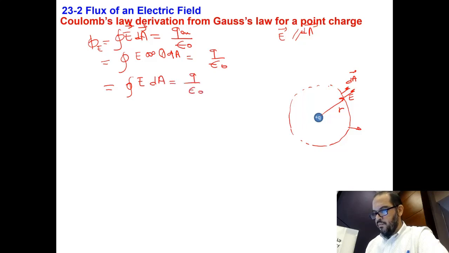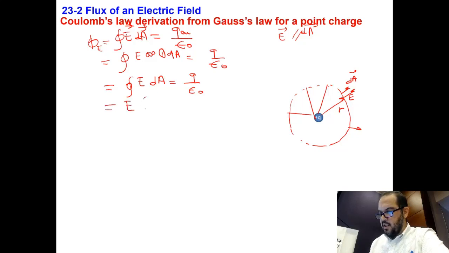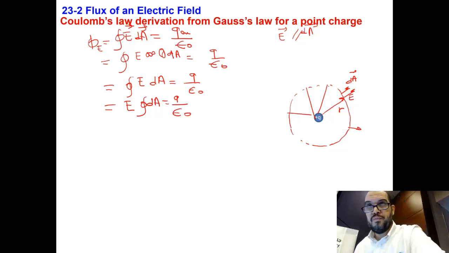From the symmetry of the problem, since all of these points are at the same distance, the electric field is going to be the same strength. So I can take the electric field outside the integral, and it becomes E times the integral of dA equal to the charge Q divided by epsilon 0.